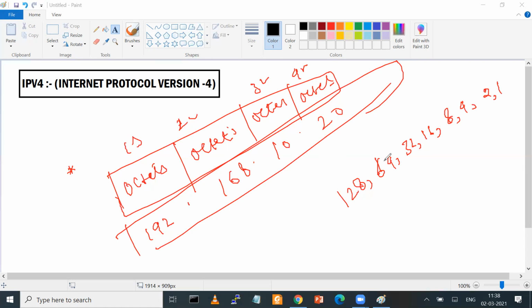Okay. It is all to add and check, to add and check the values. Okay. Right.